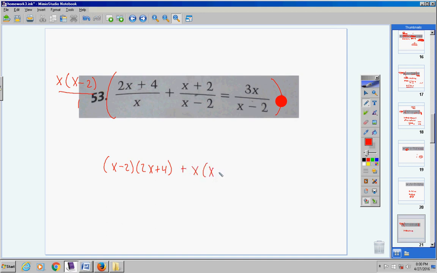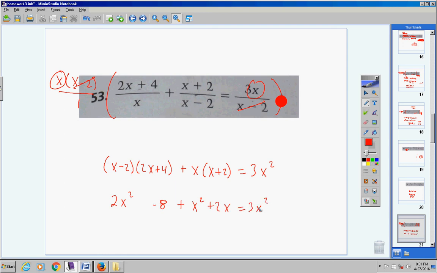Then here your x negative 2 cancels with your x negative 2, leaving you with x times 3x, 3x squared. So let's simplify and multiply these two together. We'll get 2x squared, a negative 8, and then a negative 4 and a positive 4. They cancel out, alright? So 2x squared, negative 8, and then positive x times x is x squared, x times 2 is 2x, equals 3x squared.